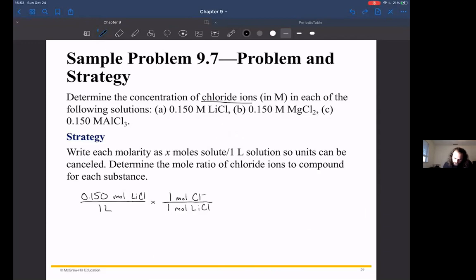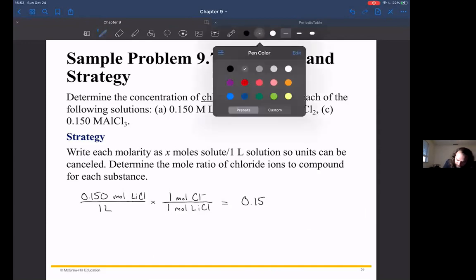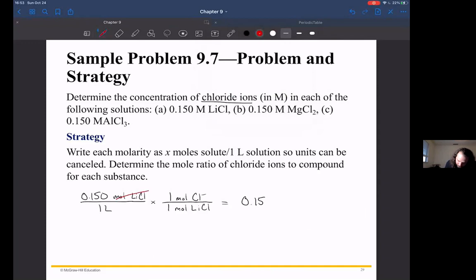All right, so punch this into my calculator. I get 0.15. That's what my calculator would spit out. I'm going to pay attention to units. The moles of lithium chloride cancel out, but I'm left still with moles of chloride.